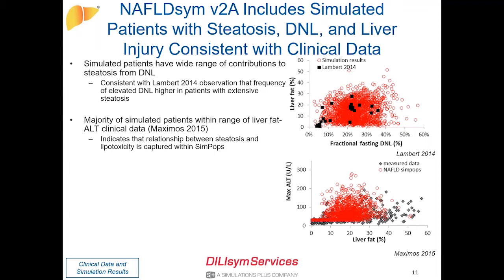She was a postdoc when I was a graduate student way back when at UC Berkeley, go Bears, and she went on to do studies such as this, which are a fantastic set of data that nicely describe that patients with steatosis, NASH patients, tend to have elevated de novo lipogenesis. Fantastic insight, also useful to us as modelers in that it begins to establish the range of de novo lipogenesis in patients with steatosis.